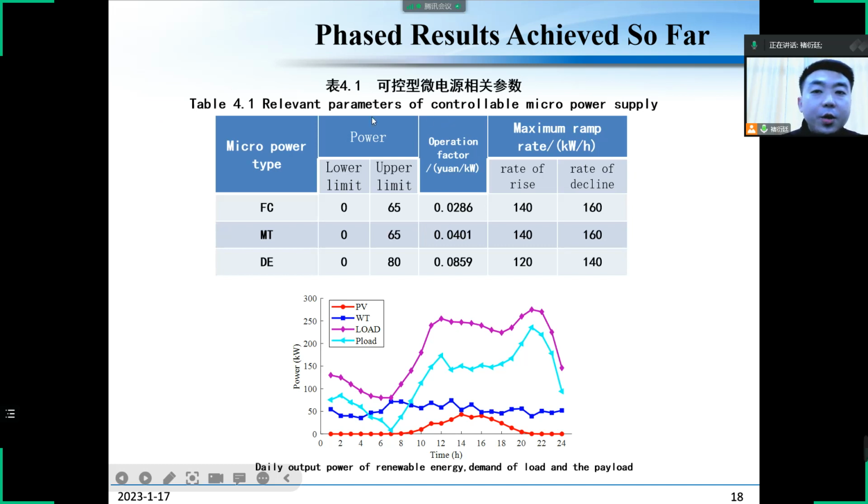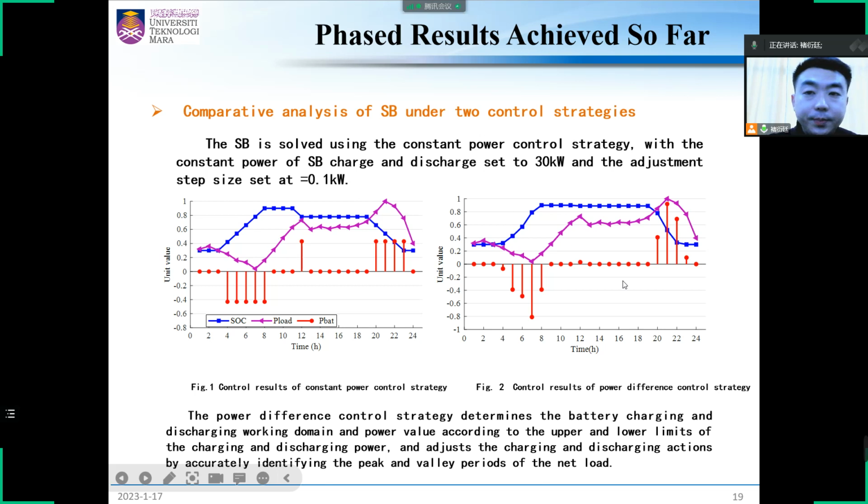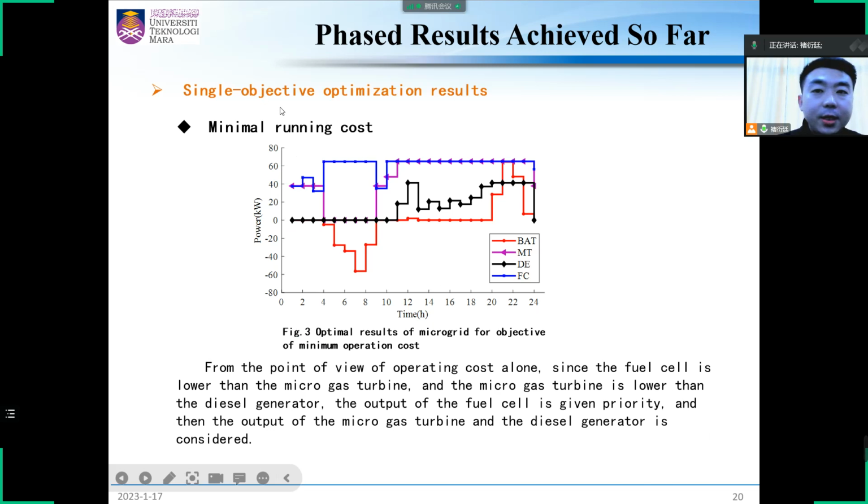This is the relevant parameter of controllable micro power supply, and this is the daily output power of renewable energy, demands of load and the payload. So we can get part of the results: comparative analysis of storage battery and the two control strategies, and the single objective optimization results.